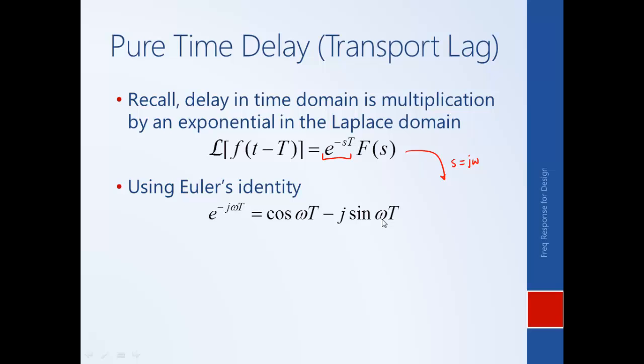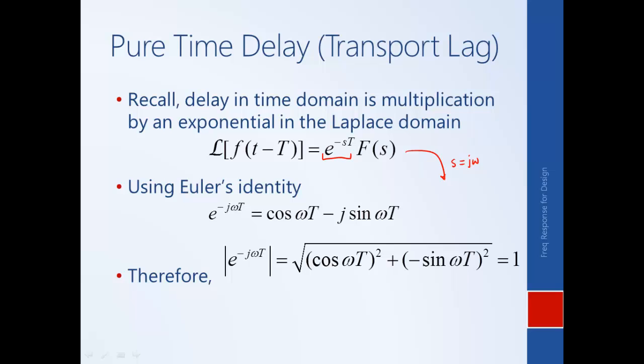We can then look at the magnitude and phase of this complex number, where magnitude is determined using the Pythagorean theorem, a squared plus b squared equals c squared. So these are the two legs, the real part and the imaginary part, and the hypotenuse is the magnitude. And if you recall back to high school algebra, you may remember a trig identity that sine squared plus cosine squared equals 1. And so when you square these two and you take the square root, you get that the magnitude is 1.